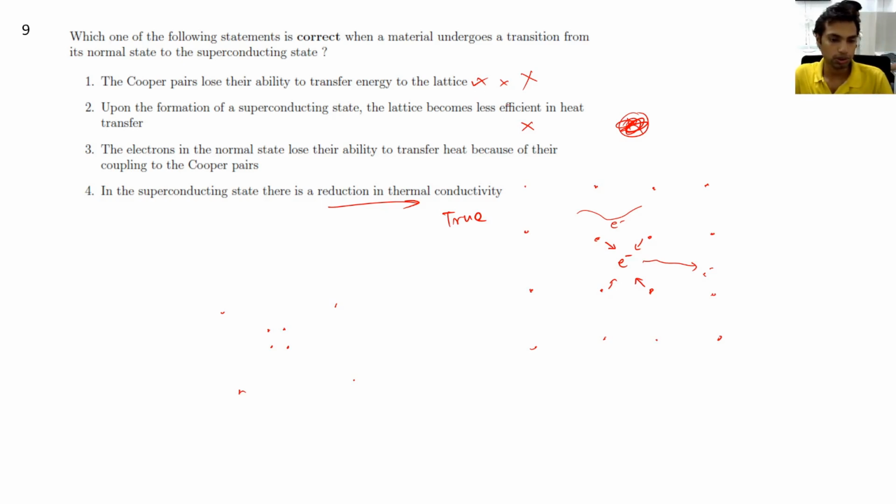Electrons in the normal state lose their ability to transfer heat because of coupling to the pairs. The normal state electrons will not lose any ability to transfer heat. So this statement is wrong. The normal state electrons will behave as they did just before the formation of the superconducting state.